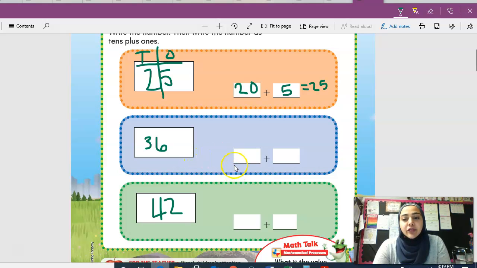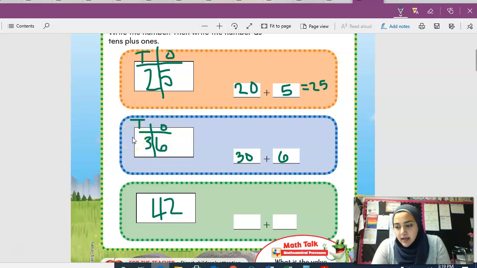All right, what about 36? Say it slowly. 36. 30 plus 6. Very good. There are 3 tens and 6 ones. Go ahead and draw the ones and tens on all of these. Make sure you don't confuse them: you put the O here and the T here. It should be ones and then the tens, okay?